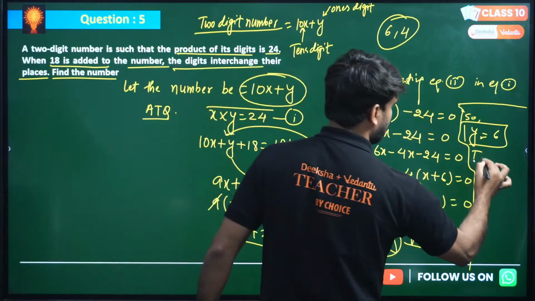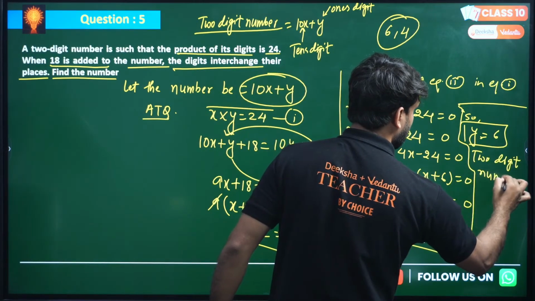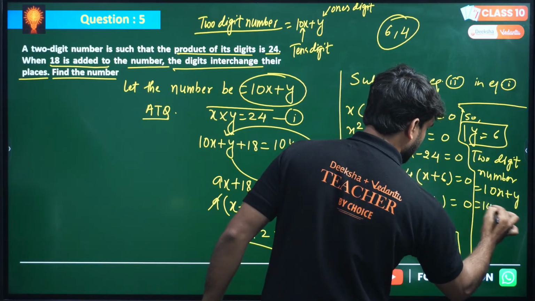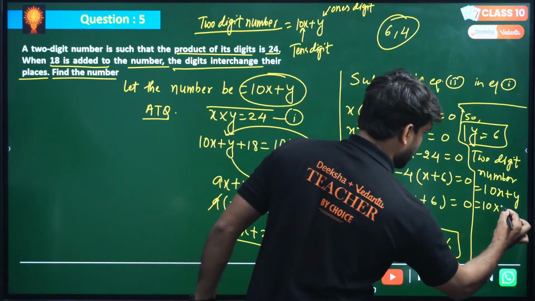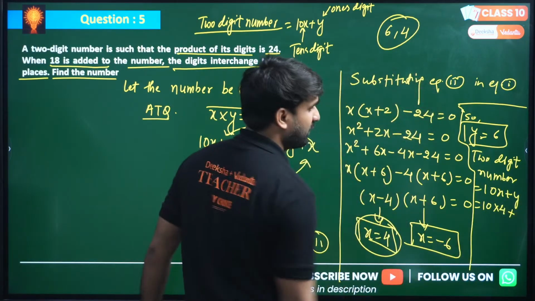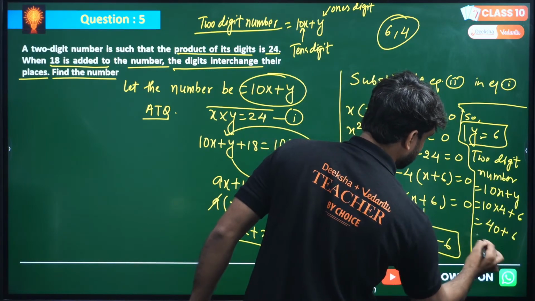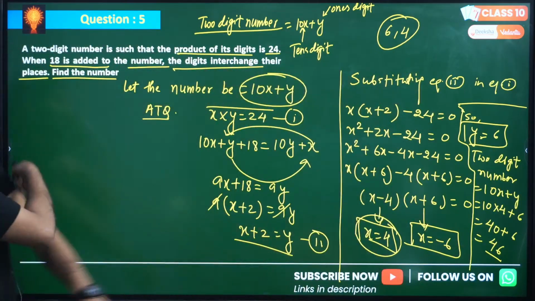So the 2-digit number equals 10x plus y. 10 into x, where x is 4, and y is 6. So 40 plus 6, this is 46. This is the answer. Please check it once if possible.